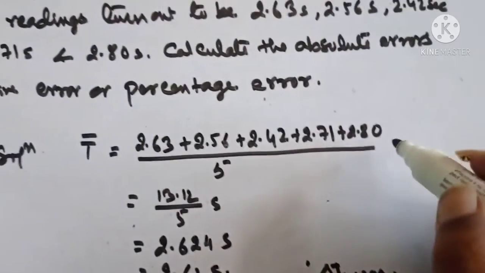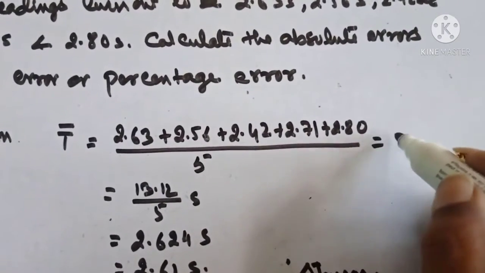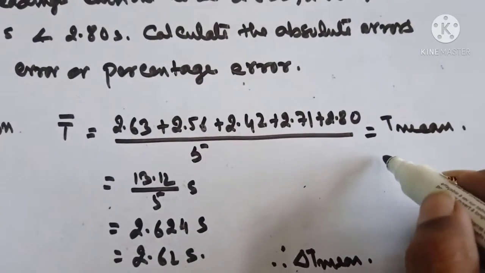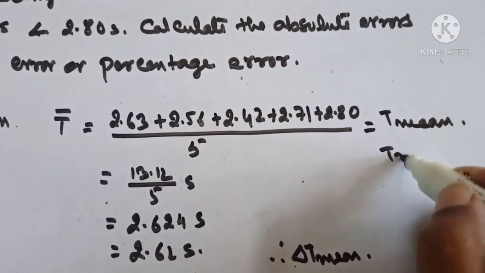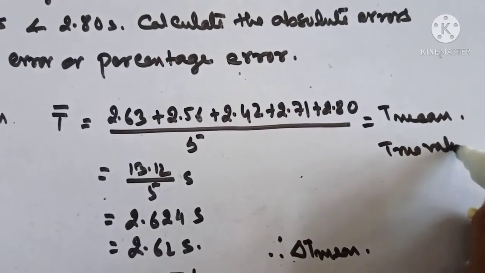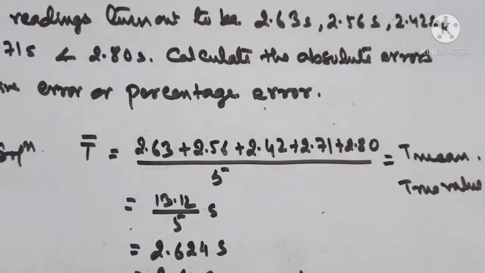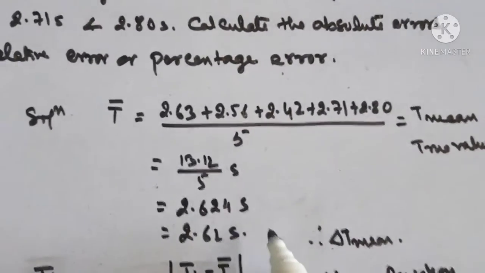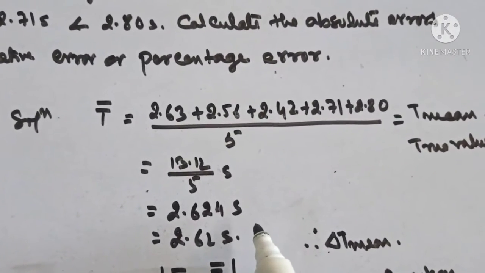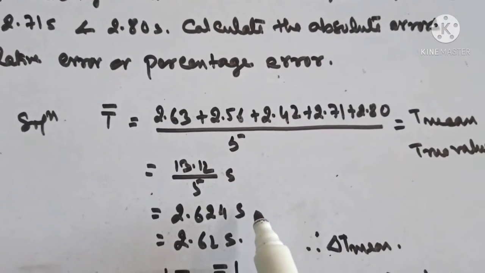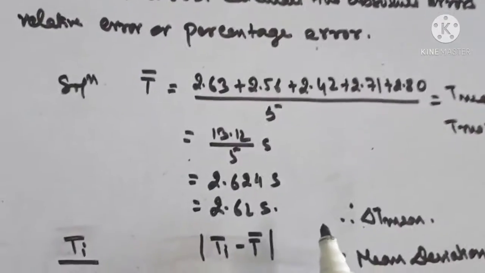This t mean is considered as the true value. So t mean is the true value. Here I have used the theory of mean, that is from statistics, to calculate the true value.